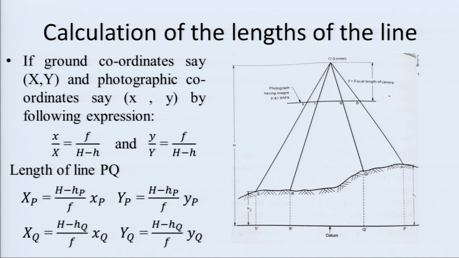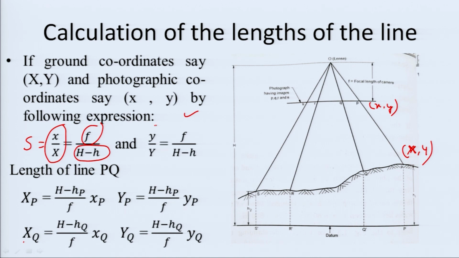For example, if the ground coordinates are capital X comma capital Y, and the photographic coordinates are small x comma small y at point P, then to find the length of a line we can use this expression: small x upon capital X is equal to the scale, which is equal to F upon capital H minus small h.